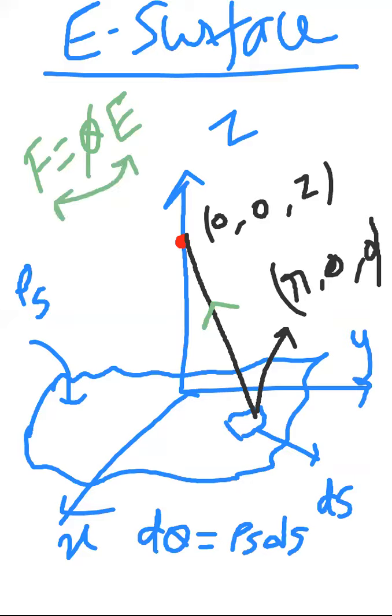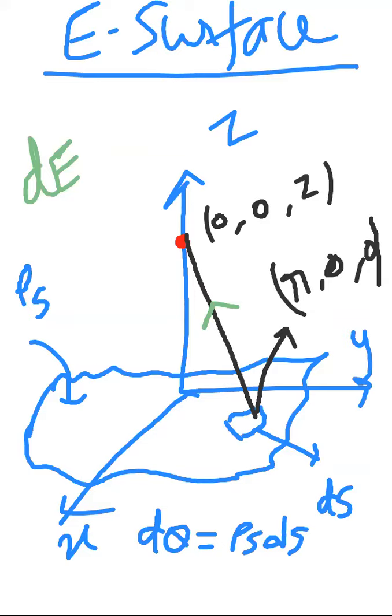Once some vector goes like this, it can be resolved into two components. This can be resolved in this direction and in this direction. Clearly, these two are going in opposite directions, so they will cancel each other. Effectively, you will get only the electric field in the Z axis.